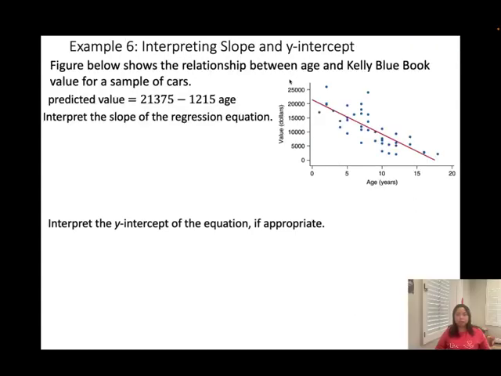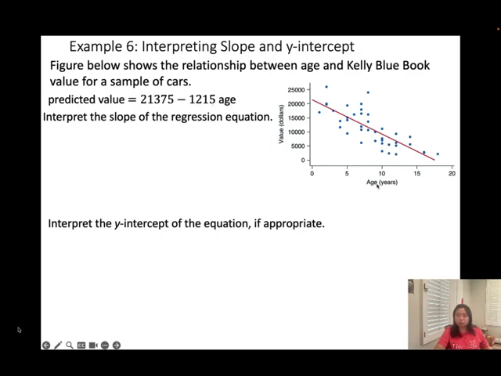Okay, last example. The figure below shows the relationship between the age and the Kelly Blue Book value for a sample of cars. So they have the regression equation, the predicted value y, equal to 21,375 minus 1,215 times age.